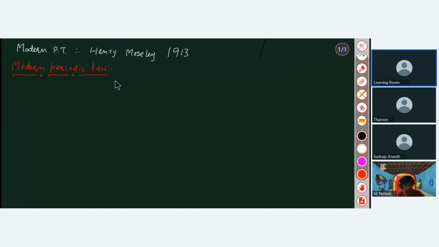So the modern periodic law states that all the physical and chemical properties of an element are the periodic function of their atomic number.